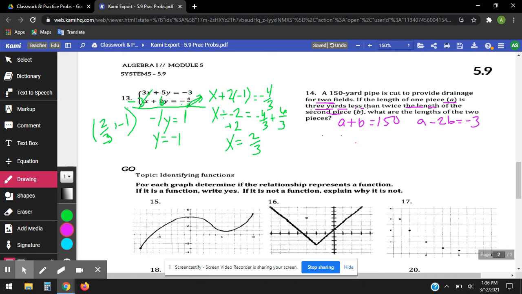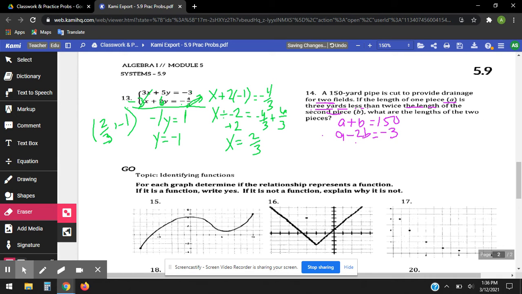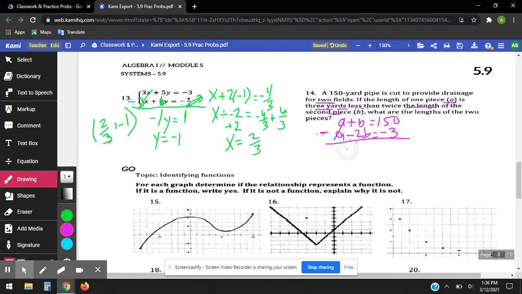Okay, so I have a single a on each side. So I can go ahead and subtract these. 1 minus a -2 is 3b equals 150 minus 3, which is 147.